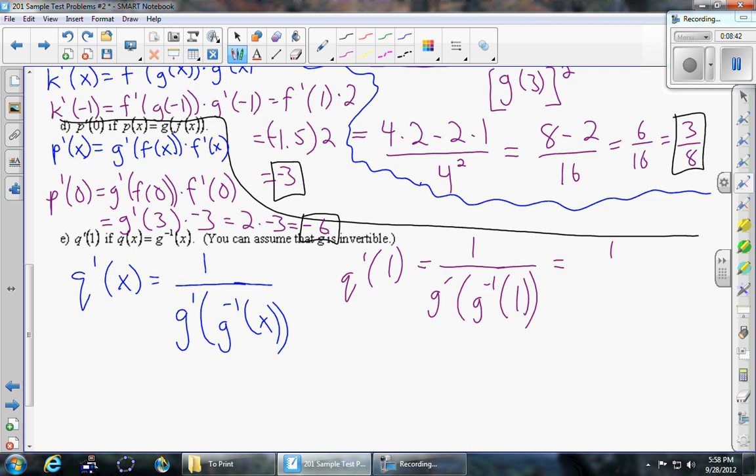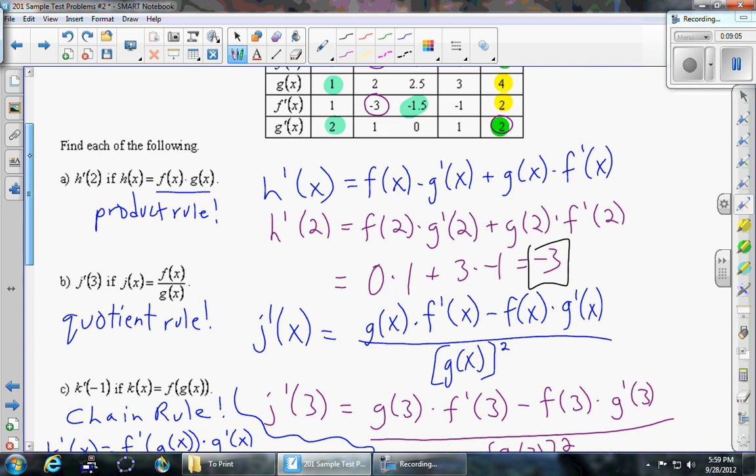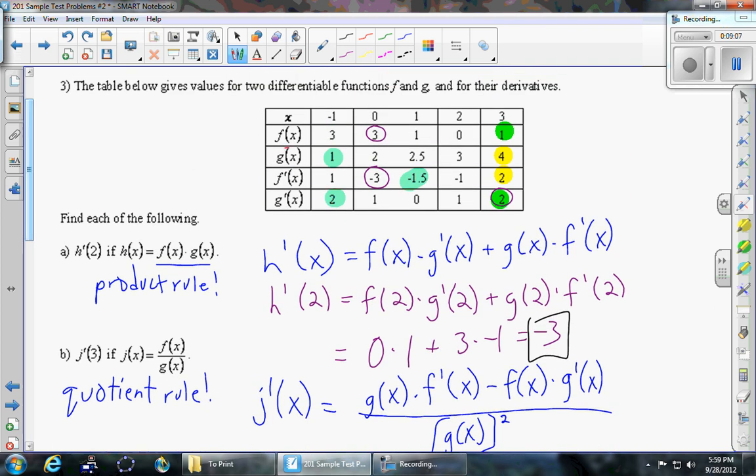Okay, 1 over g prime of, so now we need g inverse of 1. That means that 1 was an output, which means 1 was the y value, and we want the x value. What x value gives you 1 as the output of the g function? So we're going to look up here in the g row.